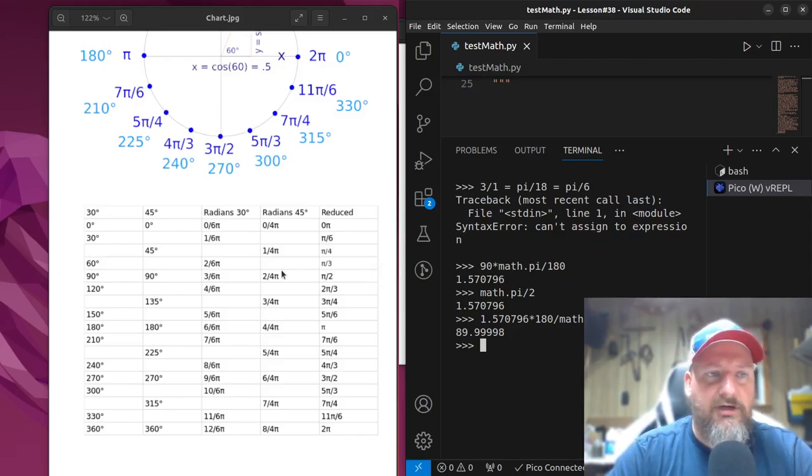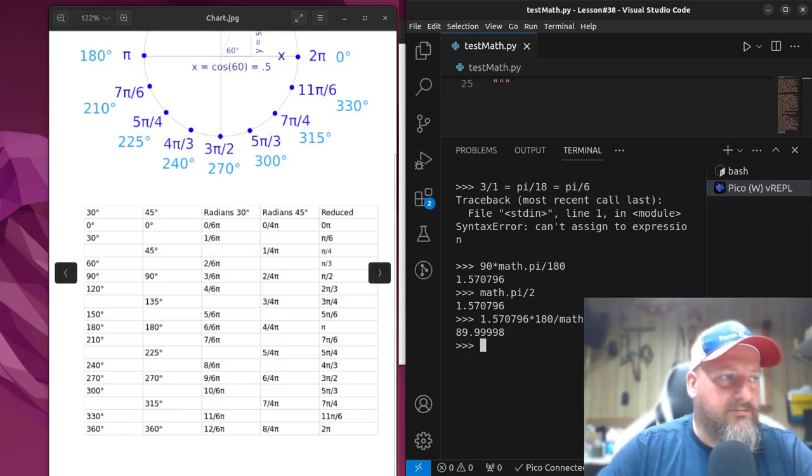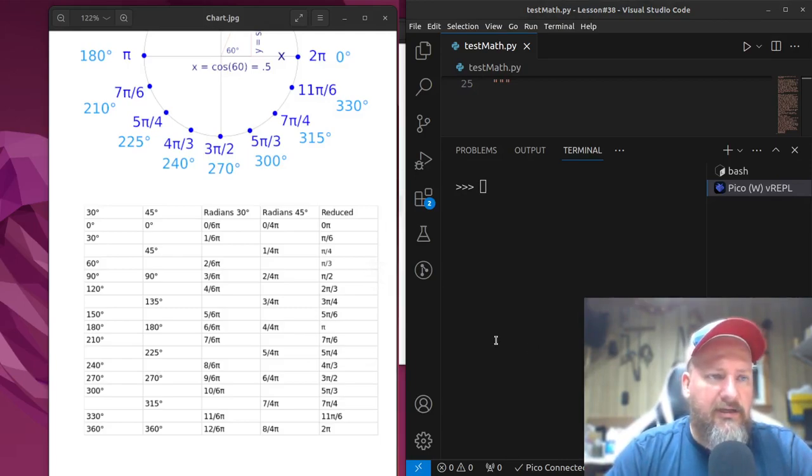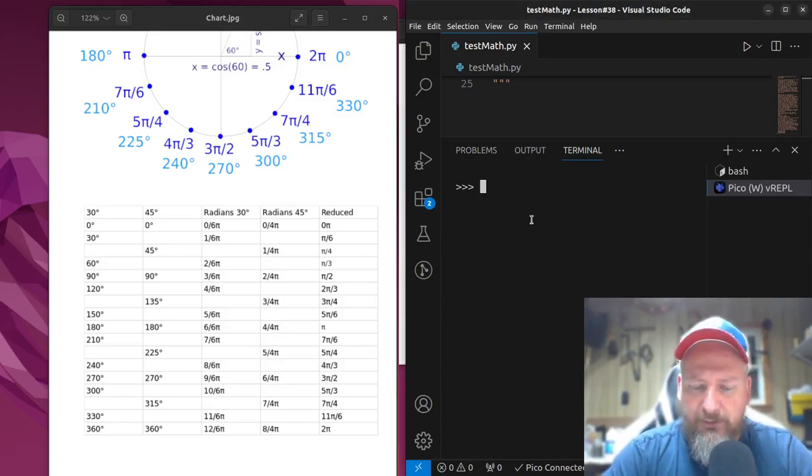But I want to continue on a little bit more and talk about some other things that we did. Let's say that we are given the x and not the y coordinate, and we want to be able to figure out the radian. To do that, we're going to come back over here and look at the REPL and type this in.